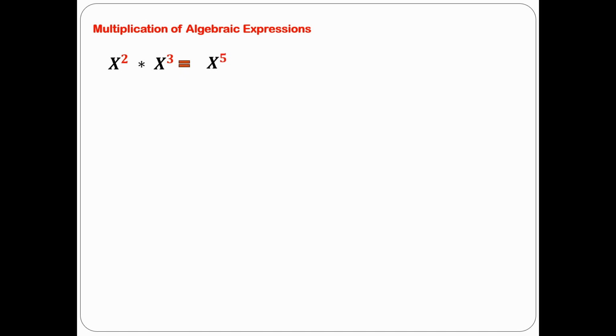Now let's understand why that is the case. So what really is x to the second power? It is basically x times x. So what it means is that we are multiplying the two x variables together. Basically, each x has the power of 1. Same with x cubed.